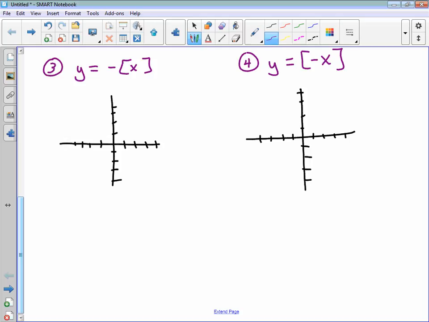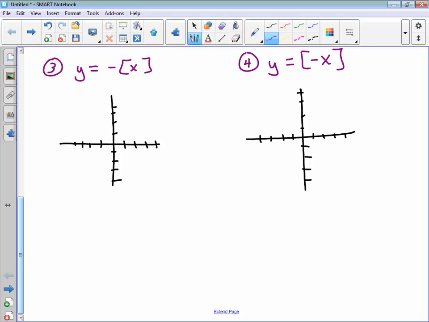They both mean reflection, but one is over the x-axis, one is over the y-axis. So which one's which? The first one's actually flipping over the x-axis. The second one is flipping over the y-axis. You can think about it a couple of ways. The second one, it's the x that is changing sign, right? So think if you have a positive x, you're not going to have a negative x. You're flipping over the y-axis.